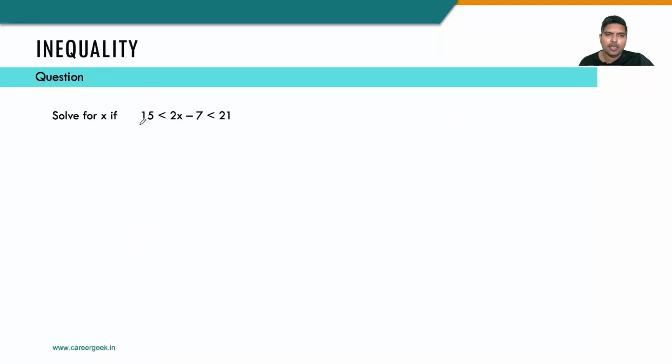This is again, solve for x. There are two inequalities. So the way I can solve these questions is to try and eliminate the constants first. How do I eliminate the constant? In the middle part, I add 7 to all the sides. Addition does not change the inequality. This gets cancelled.